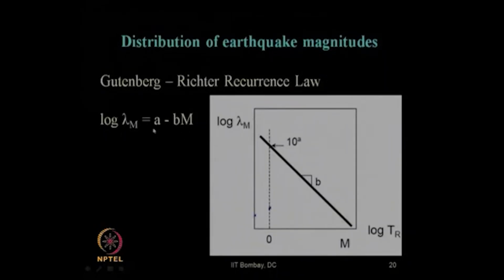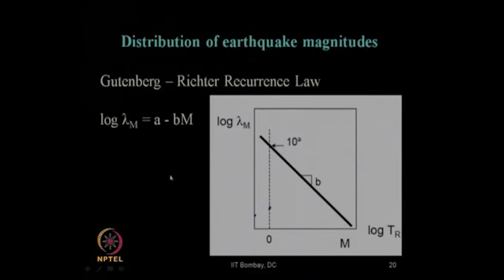These coefficients a and b need to be obtained from your collected historical earthquake data for a particular location or particular region, right. So, based on that, for each and every region on the earth, we can find out the Gutenberg-Richter recurrence law. Like for India, for the Gujarat region, we have obtained this Gutenberg-Richter recurrence law.